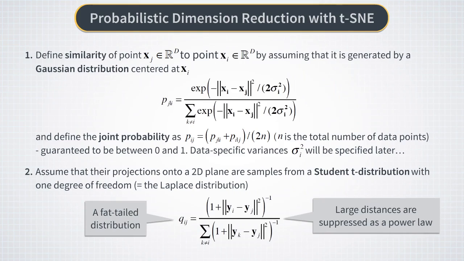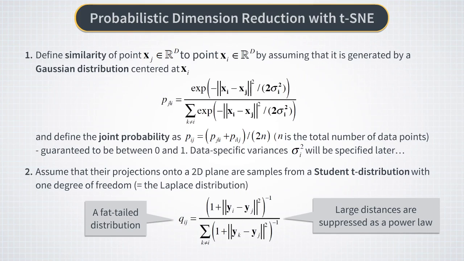The tSNE assumes that all pairs of points xi and xj are generated by a Gaussian distribution Pij, which is a symmetrized version of a Gaussian density of xj centered at xi, with the data-specific variance sigma_i squared, shown in this formula. We will discuss the choice of sigma_i below.